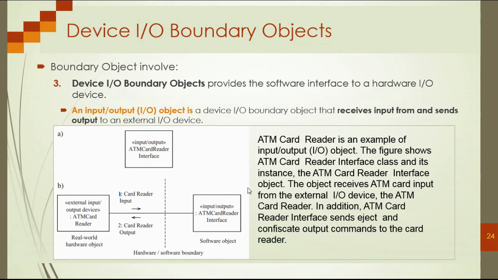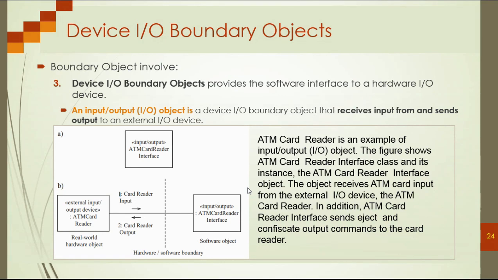The third, input output device or input output object, is input and output. This object sends and receives to an external device. An example of an input output device is the card reader.